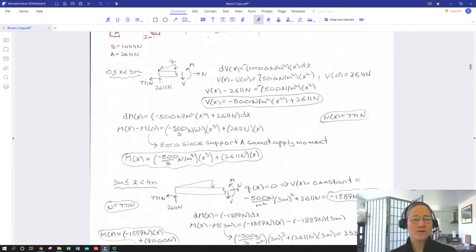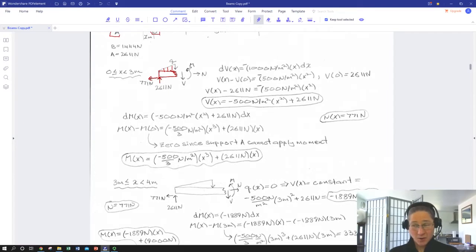So here we've drawn our little mini FBD. We've cut our beam on the right-hand side, but we can represent our support reactions at point A, upward of 2,611 newtons, and our support reaction is pulling this little section to the right with 771 newtons, and we have a distributed load Q of negative 1,000 newtons per square meter times x, for however much x we're considering.